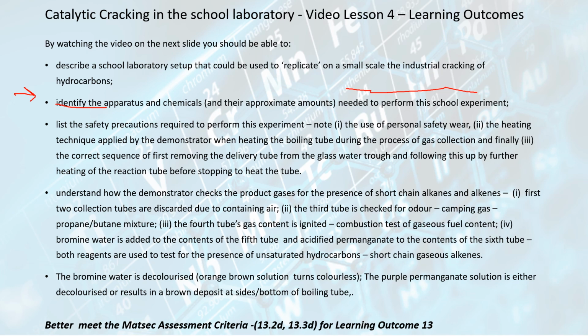Now the catalyst can be pumice stone, which is silica based, or you could easily use pieces of broken pots, so you could actually have a small clay based pot, break it up into smaller pieces and use that as your catalyst, due to the silica content.